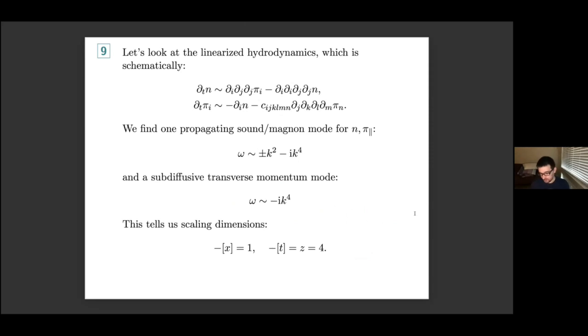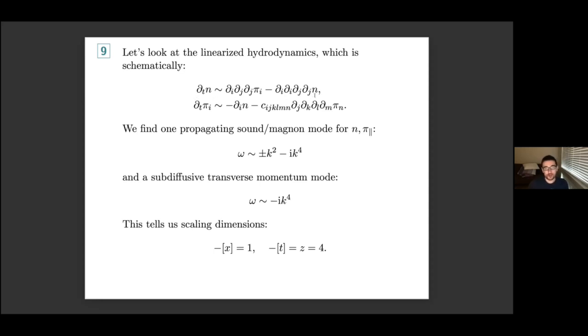So let's look at the linearized hydrodynamics in this theory. If you read through those equations and think about them carefully, what they imply, again dropping all the order 1 constants here, this is purely schematic from here on out, is that the hydrodynamic equations have a kind of funny structure to them.